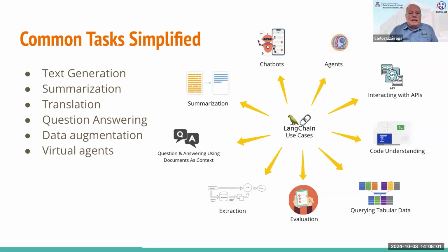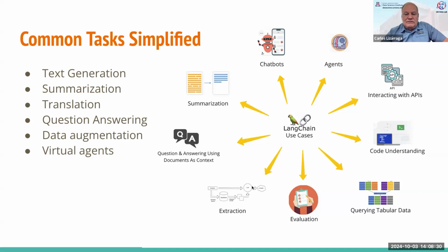Okay, Langchain will simplify some of the tasks we want to do. For example, if we want to write a chatbot, or we want to design an agent, or work with different applications, or we can just develop some code and try to understand. We can do queries for data. We can evaluate different tasks or documents.